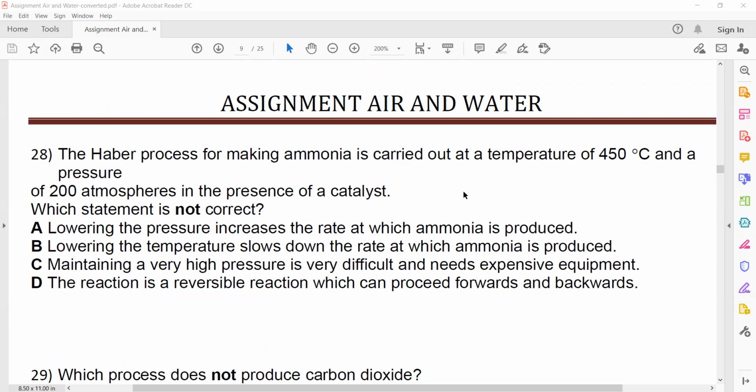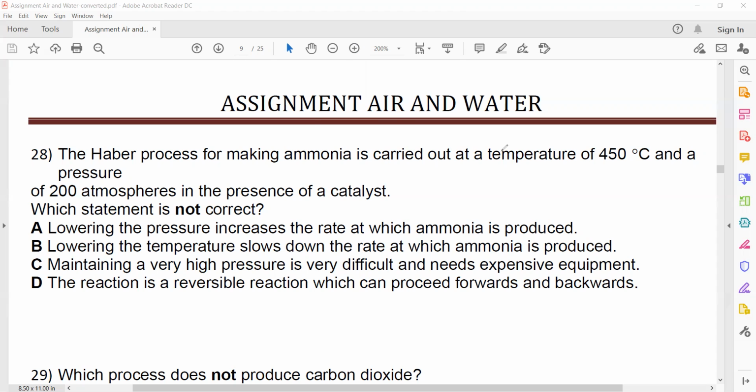Question 28. Lowering the pressure increases the rate.